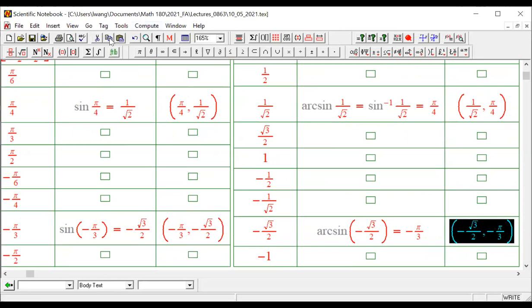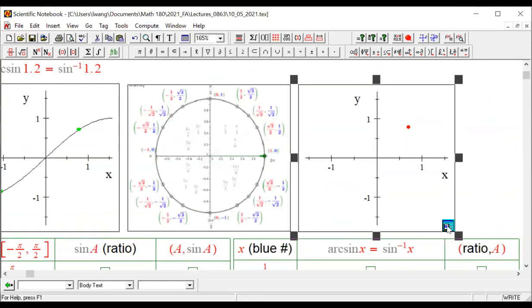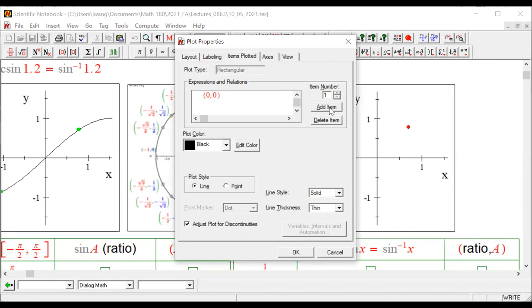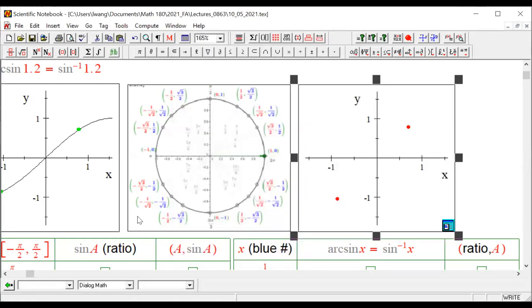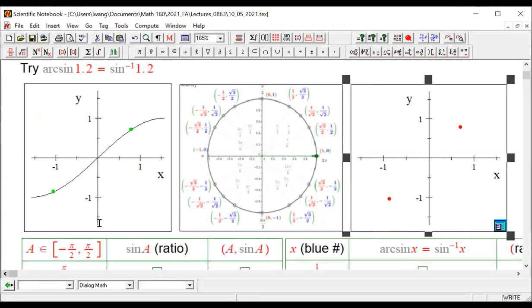And the other point is going to be red. You can use whatever color you want, really. Okay, this is going to be a red dot. Let's mark it one more time. So this new point is negative pi over 3.